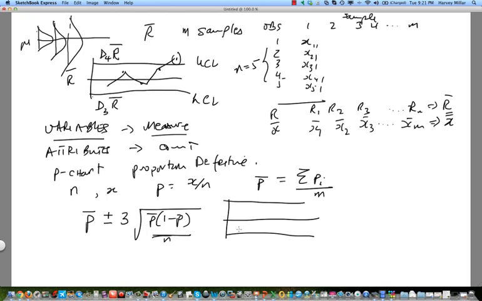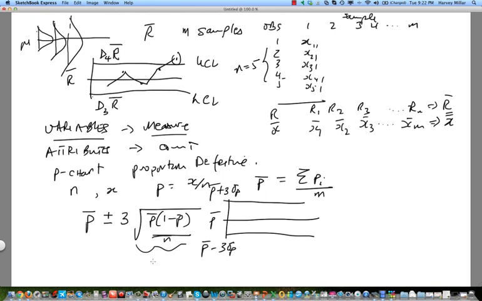So if you're producing, say for example, light bulbs, and you're going to sample 50 light bulbs at a time, once you compute the limits from some historical data, your upper control limit would be p bar plus 3 standard deviations, 3 sigma p, then your p bar, which is your mean, and p bar minus 3 sigma p.